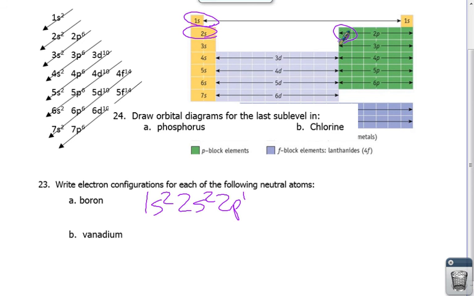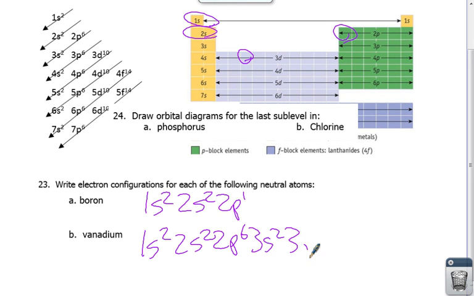Where's vanadium? Vanadium is right there. It's 1s2, 2s2, 2p6, 3s2, 3p6, 4s2, 3d, 1, 2, 3, 3d3.